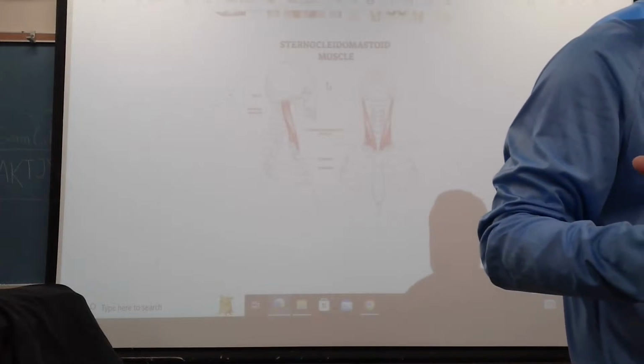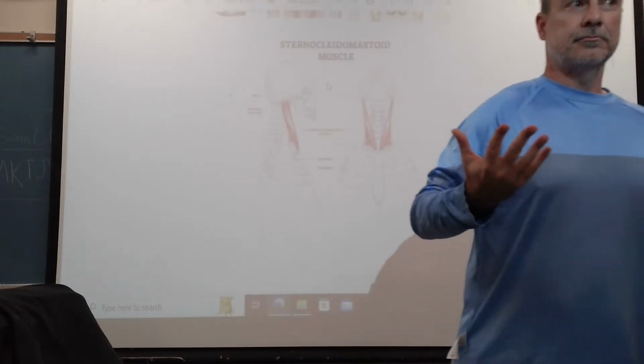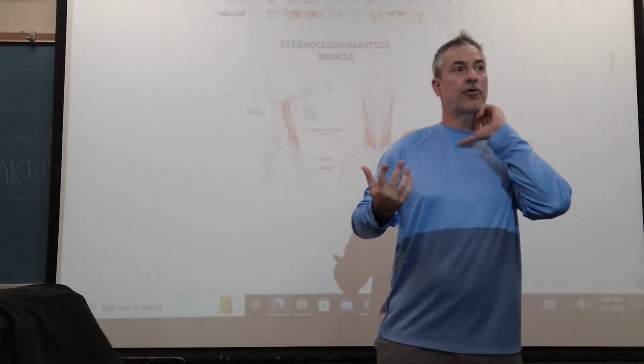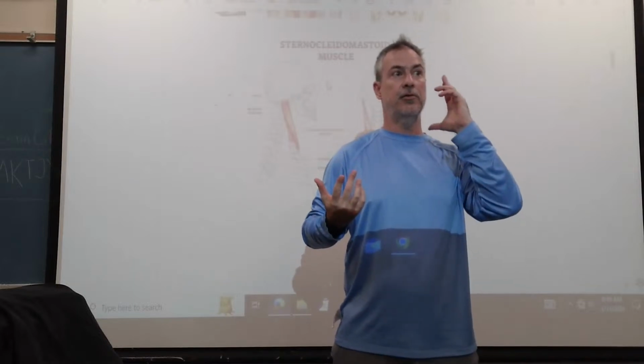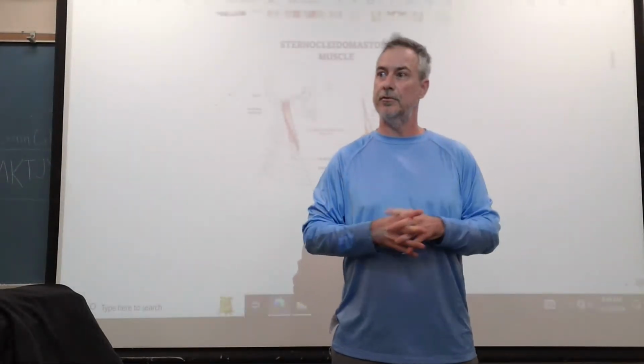The right sternocleidomastoid, now you should see, whoa, it has something in common with the right erector spinae. Both of them are trying to pull in a direction of right lateral. The left sterno and the left erector have something in common. They're both trying to pull in the direction of left lateral.